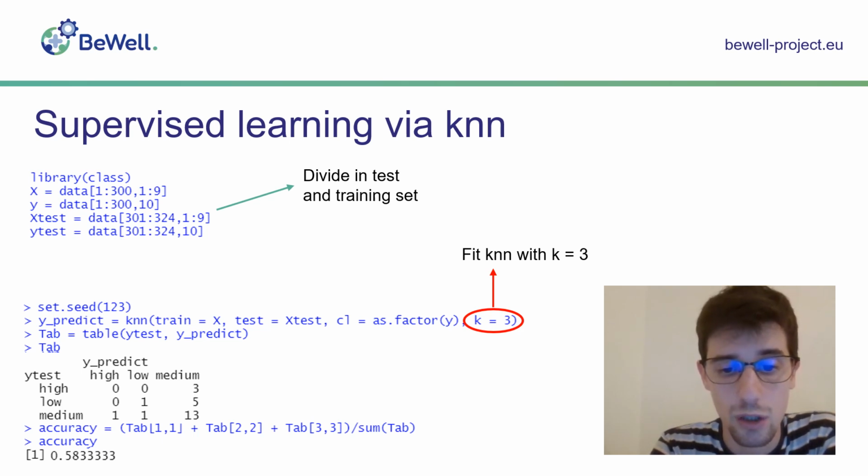Note that the prediction is not as accurate as for the other labels, where only 1 out of 6 patients with low level is correctly estimated, while none of the 3 patients with high level values are correctly estimated. So the overall accuracy is 0.58, but we wonder whether it is possible to improve on such a result.